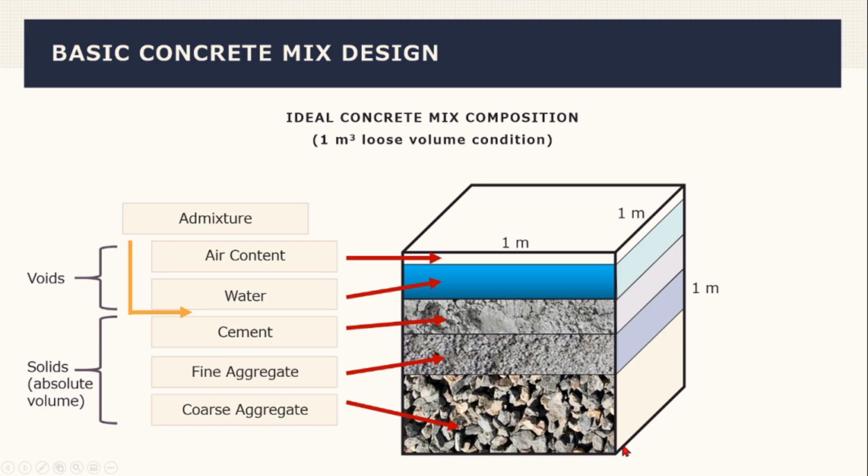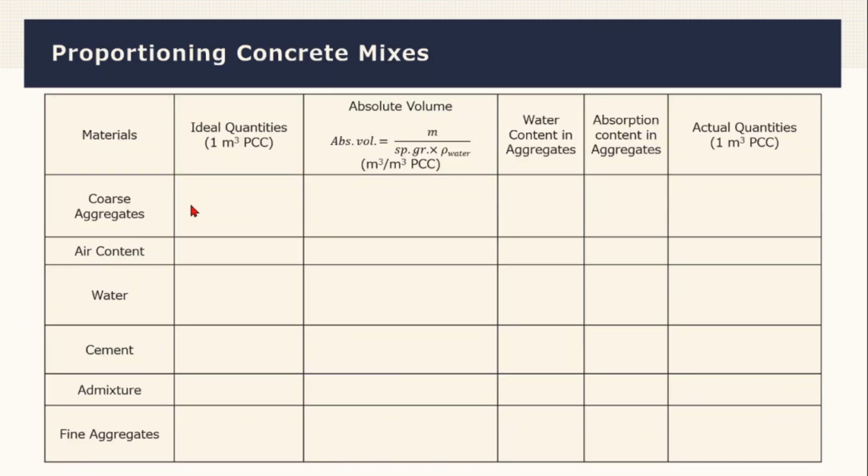Since this concrete contains voids, we can say that this concrete has a loose volume. For us to simplify the solution in calculating the remaining unknowns, which are fine aggregate and water corrections, let us now tabulate this data. The table shall contain ideal quantities, absolute volume considering 1 cubic meter of concrete, moisture corrections, and those are water content and absorption.